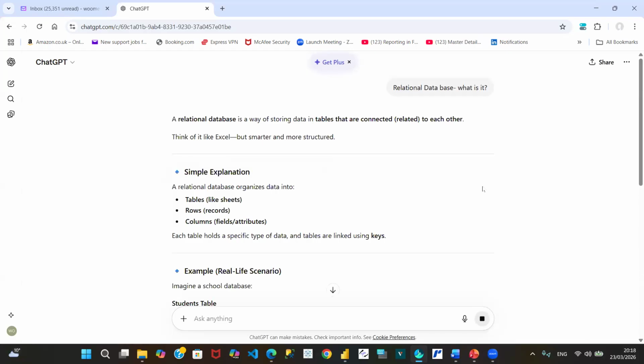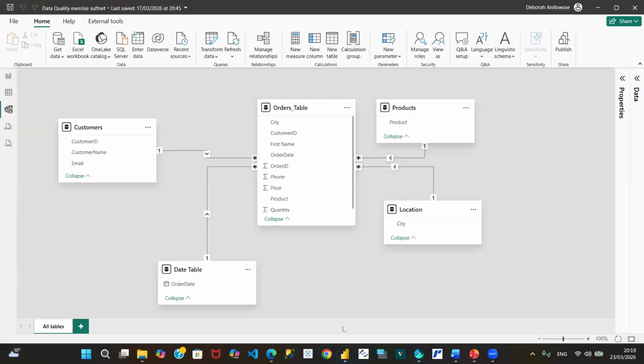Okay, so like you said, storing of data in tables that are connected. That's where the word relational comes from. The tables have got to have connections between each other, just like we see in our Power BI that we're building.